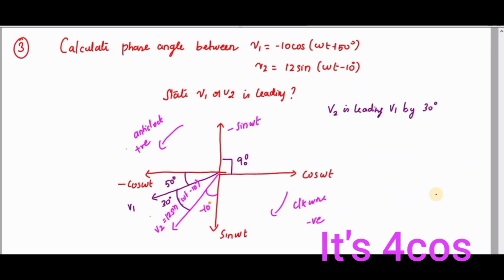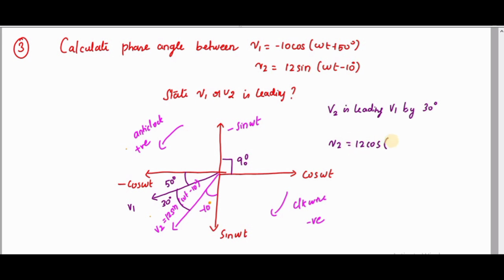Suppose in the previous problem, you can see my V2 I can write as 12 cos(omega t minus 90 minus 10, which is 100 degrees), and V1 I can write as 10 cos(omega t minus 130 degrees).